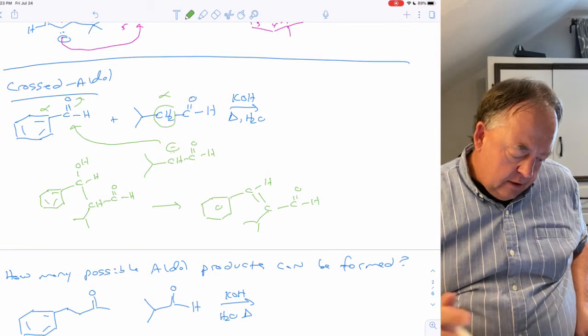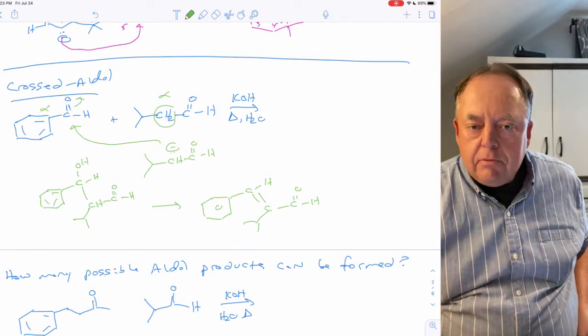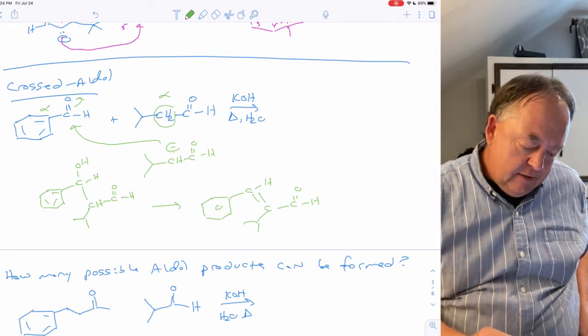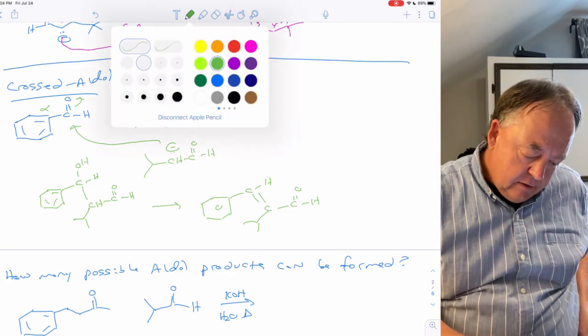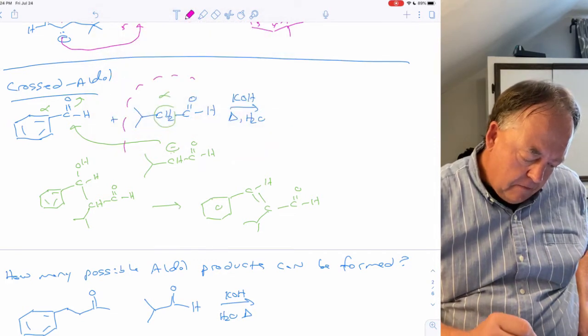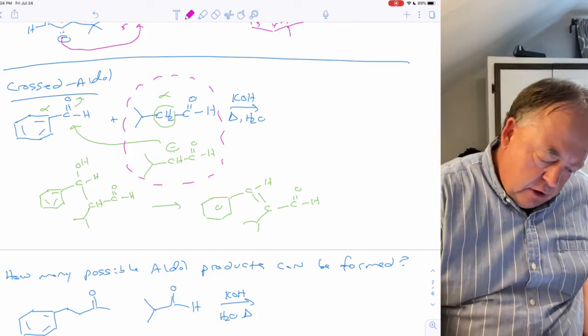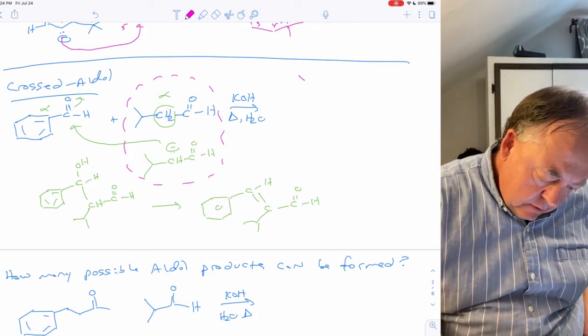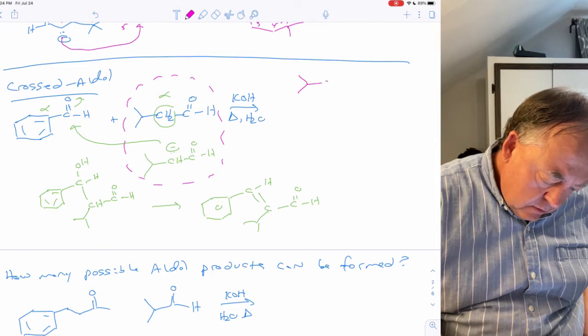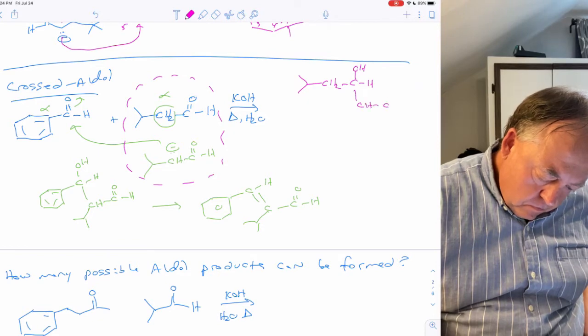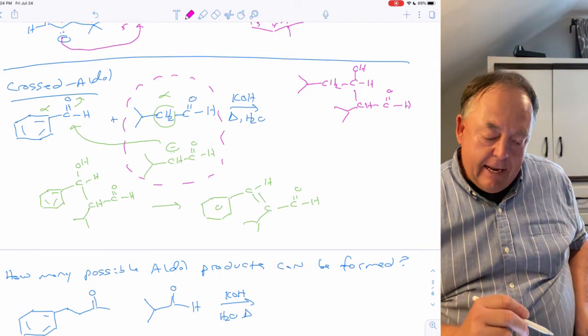But there is another possible product here, right? Because two of these aldehydes, those two could react with each other. So you could have also made that aldol product.